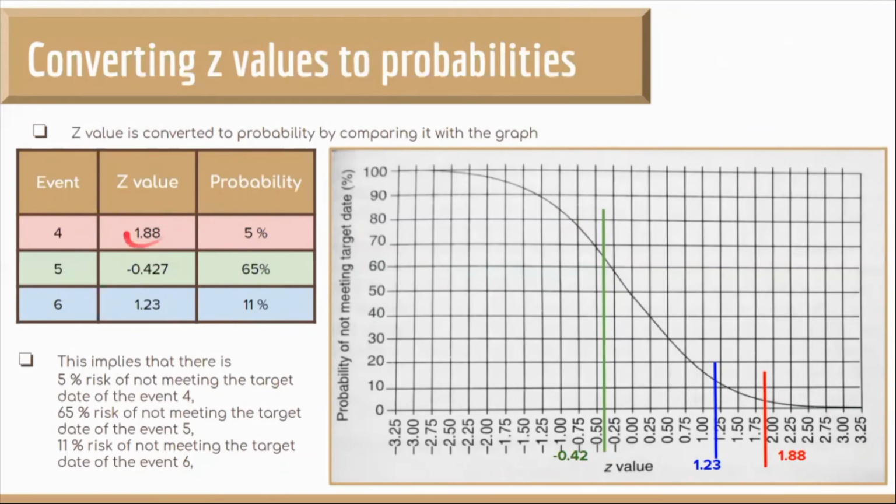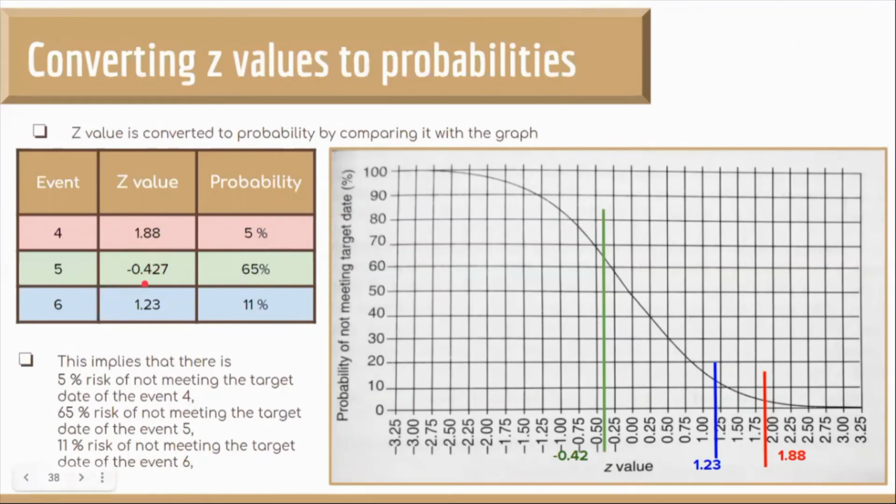So 4 has the Z value of 1.88, which falls somewhere here, and it cuts the graph at this point, which is 5%. So the probability of not meeting the target date is 5%.